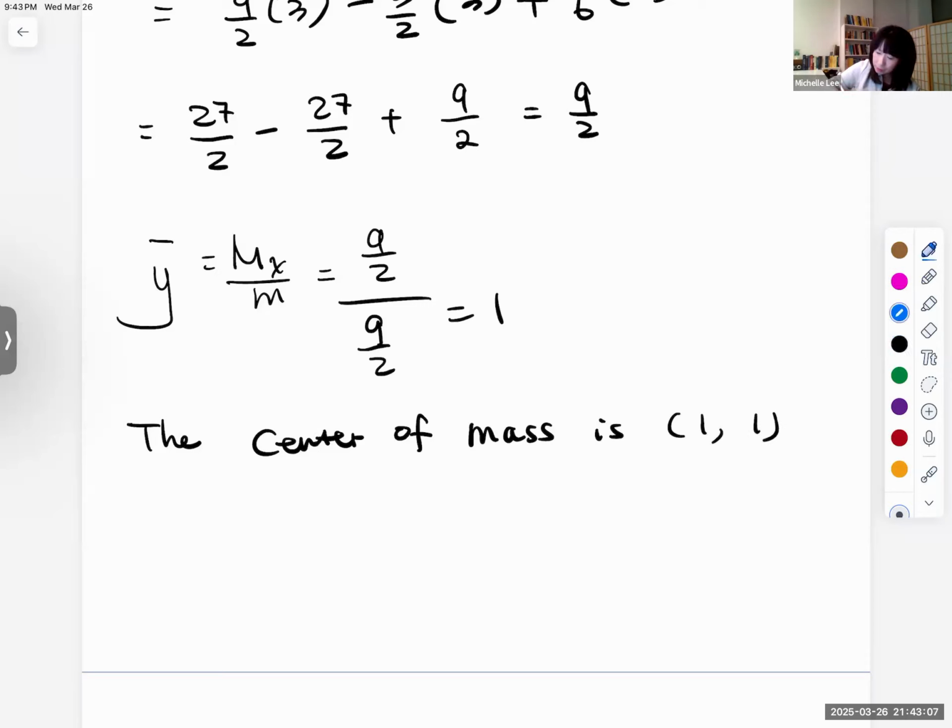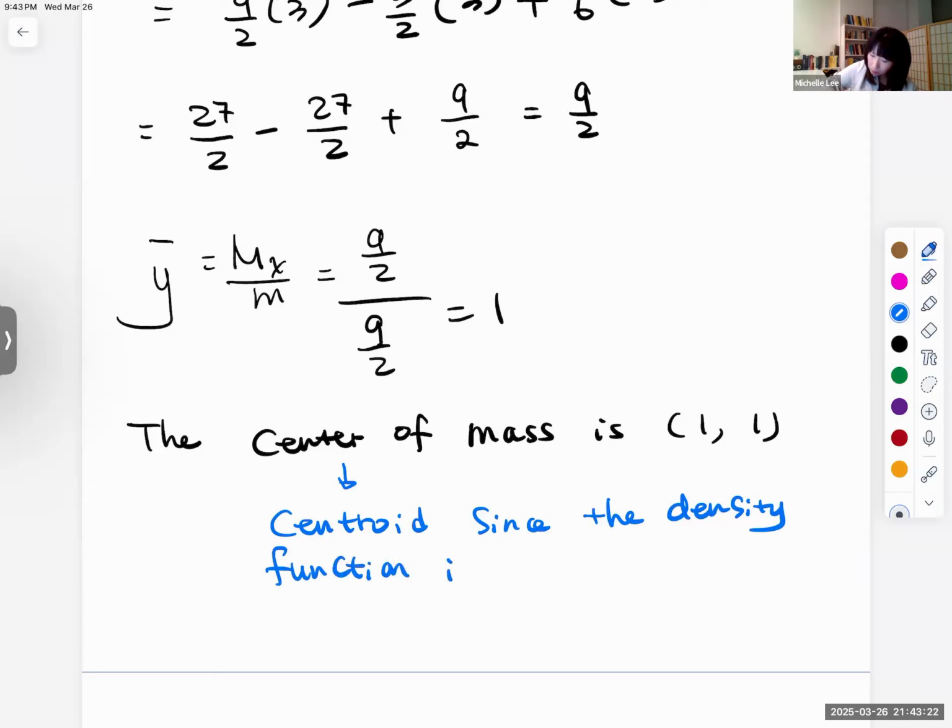We call this a centroid since the density function is constant.